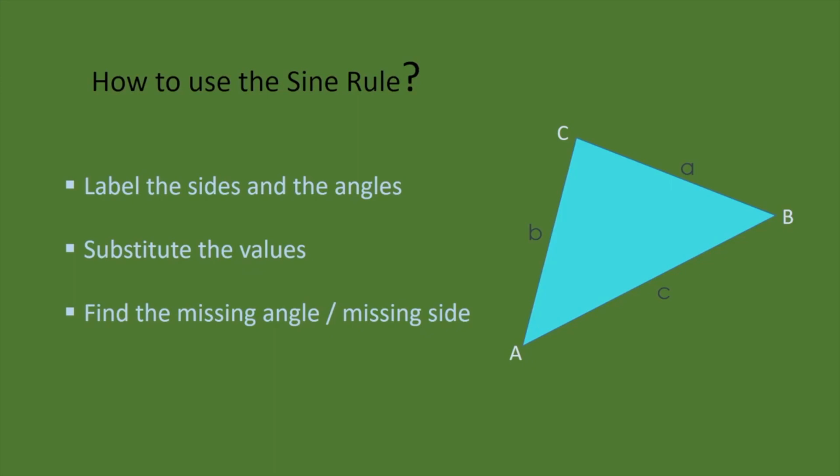Like we discussed, the opposites should have the same letter, but in uppercase and lowercase. This is very important so that we don't get our question wrong. Secondly, we substitute the information that we know into the sine rule and find the missing angle or the side which they are asking for.